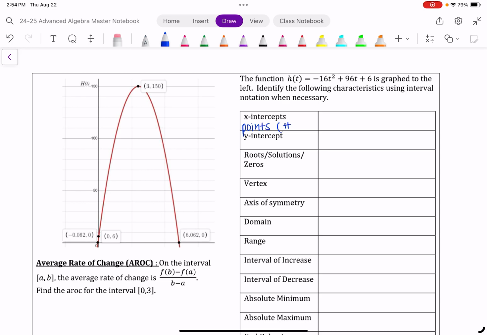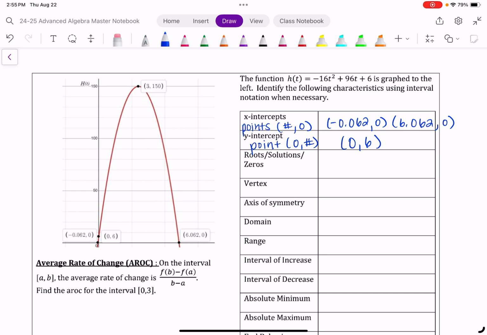They are going to be a number, comma, 0. So if we look at our graph, we have (negative 0.062, 0) and we have (6.062, 0). Same with the y-intercept. It is also a point, but this one is going to be 0 and a number. So if we look over there on our graph, that is going to be (0, 6).